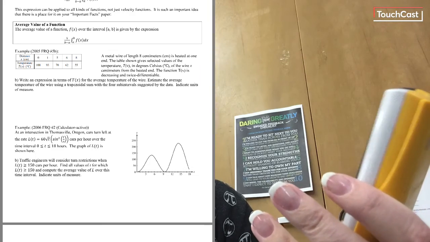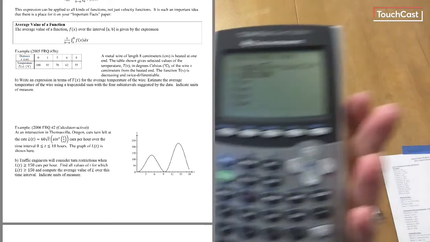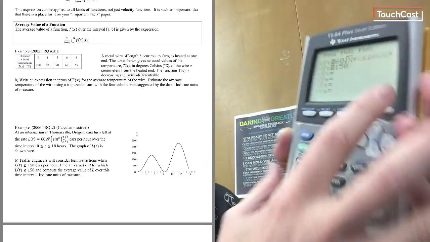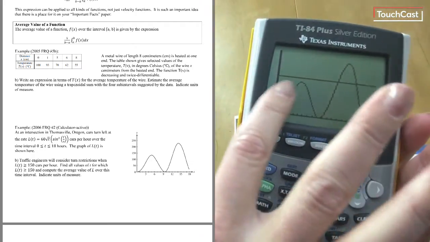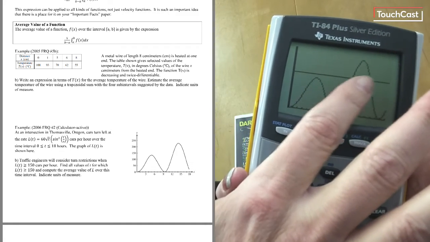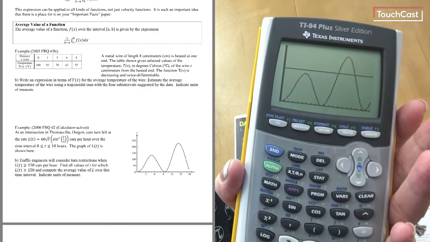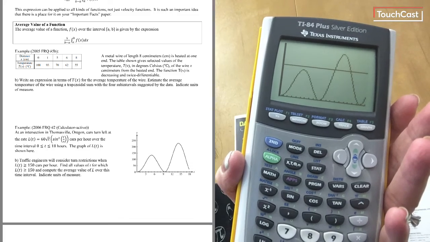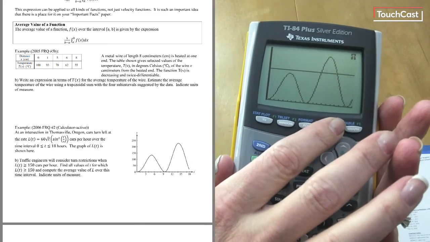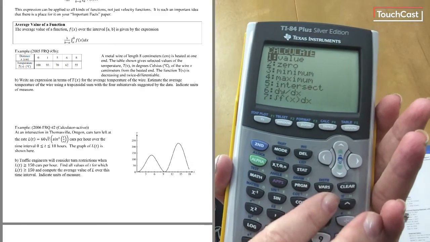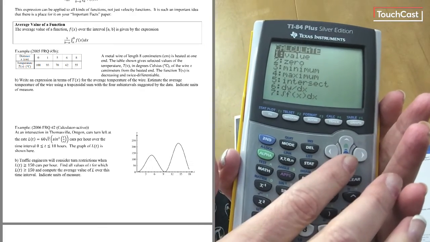So that's my second thing that I'm going to graph. I'm going to graph y equals 150. And what I want are the two intersection points, here and here. The way to find that is to use the calc feature. So that's second, calc, and you want to use the intersection function.